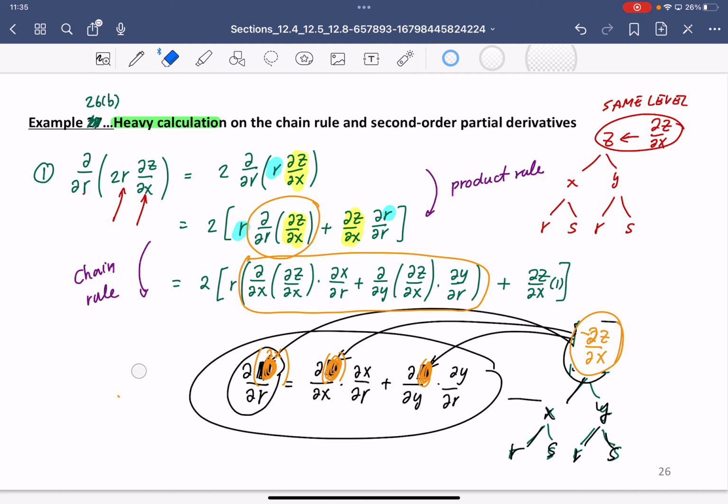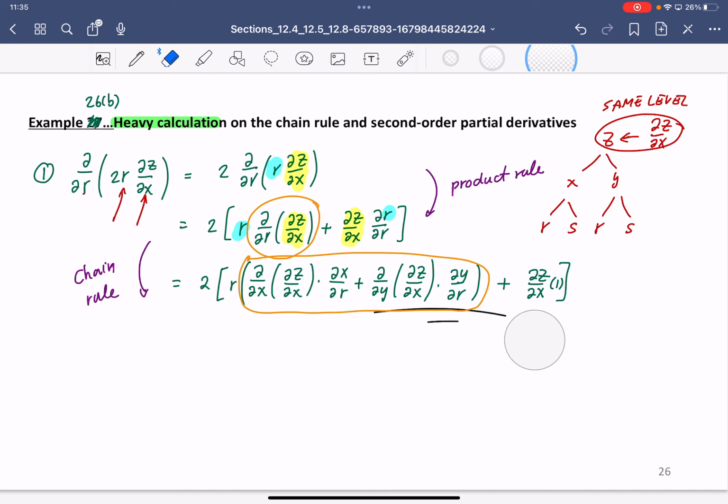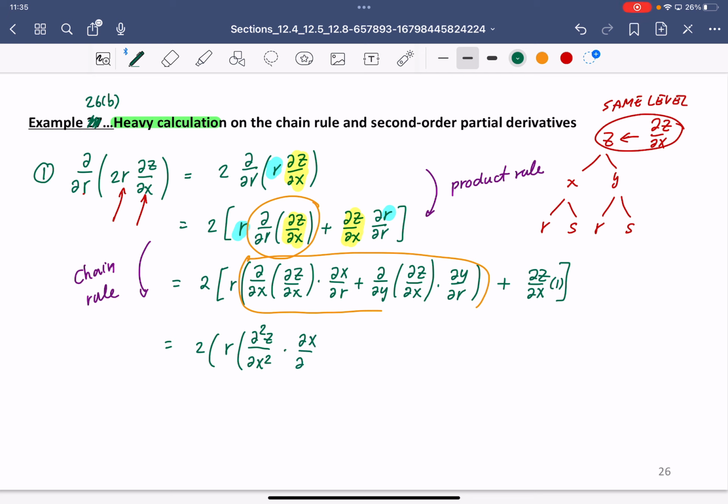So we're going to delete it here, and practice more when it comes to the mock exam. But if you want to simplify, you can do one more step. You can group this thing together, group this one together, and then delete that number one.